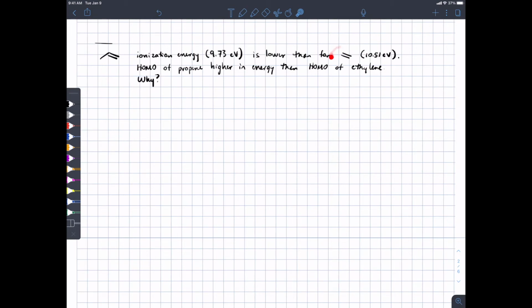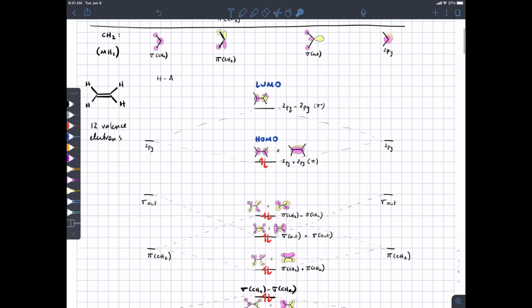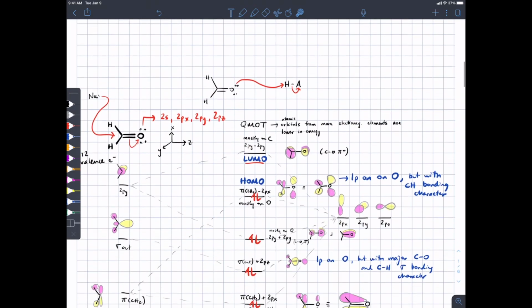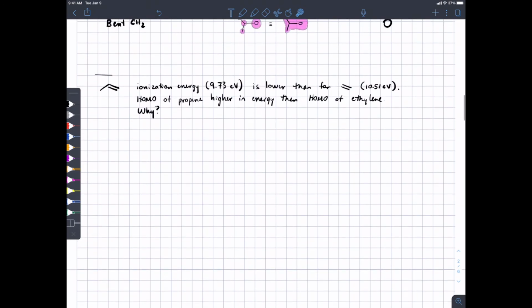So for ethylene, that would correspond to moving an electron from the HOMO, the carbon-carbon pi bond, all the way up to infinite distance. In contrast, for propene, which has a methyl group, it's like we had replaced one of the hydrogens of ethylene with the methyl group.